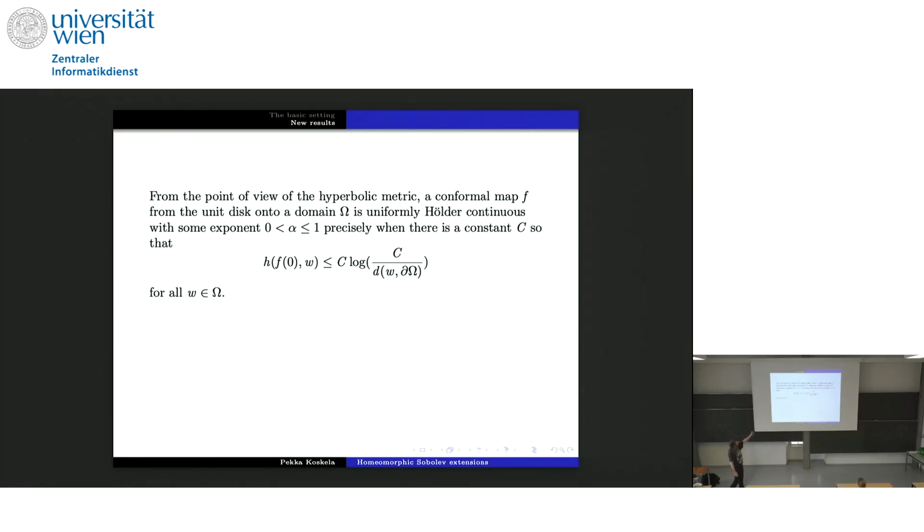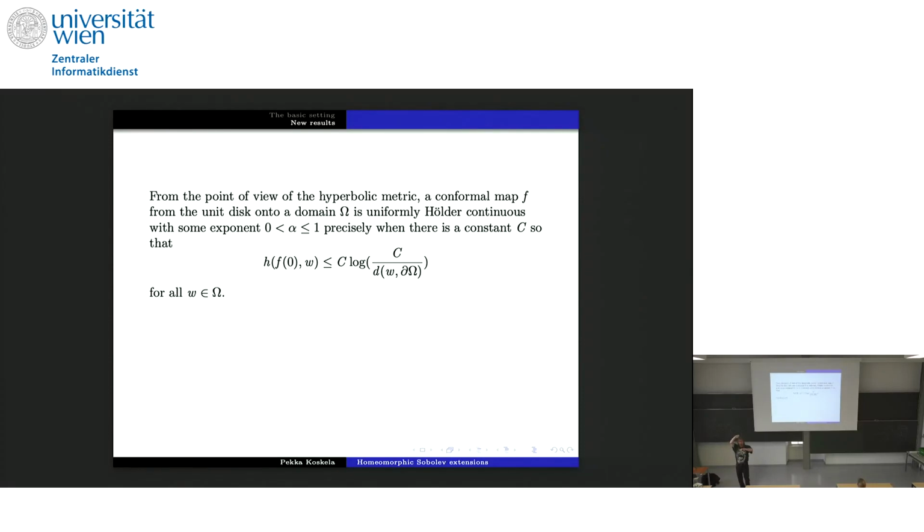And what I'm saying here is basically a tautology. Your conformal map is going to be uniformly Hölder continuous precisely when the hyperbolic distance in this, say, Jordan domain grows at most like a constant times the log.